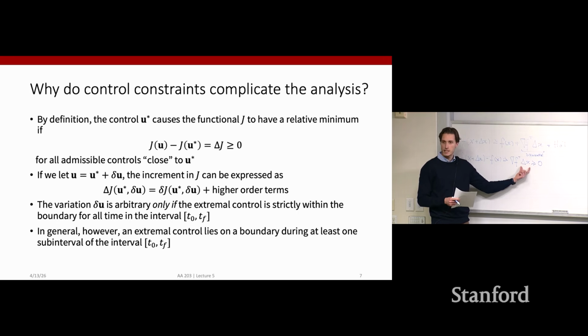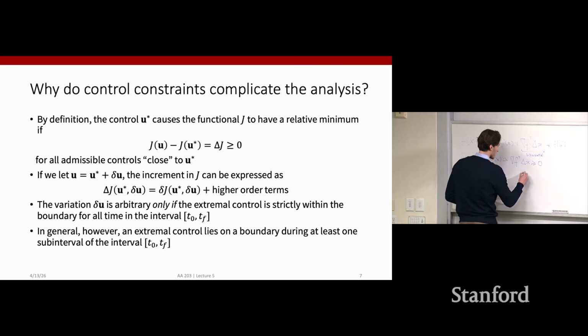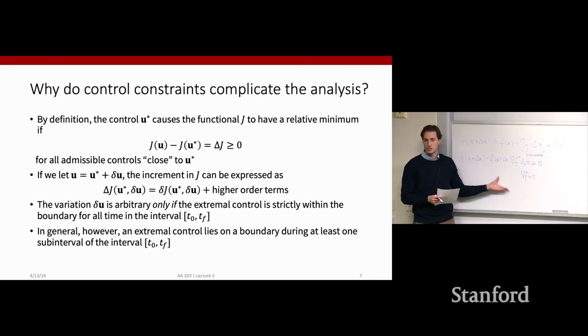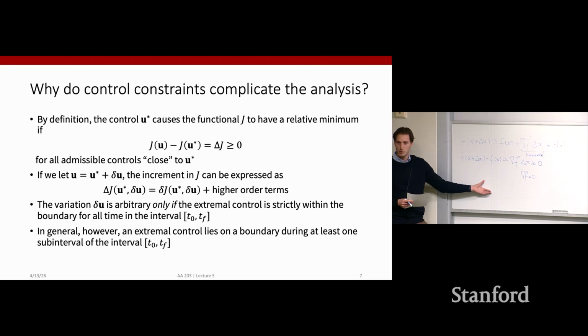Since I can take any possible displacement delta x, both in the positive and in the negative direction, the only way for this to be both greater or equal than 0 and less or equal than 0 is for the gradient of f to be equal to 0. So this is essentially what we said a couple weeks back.